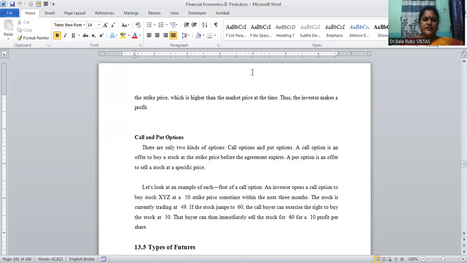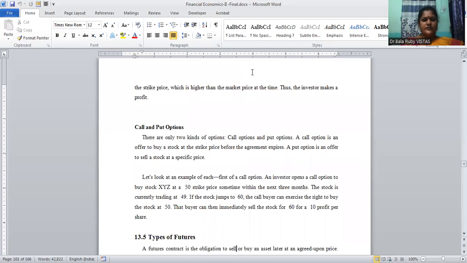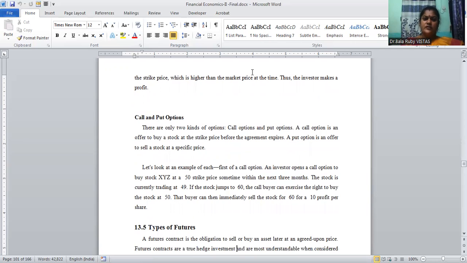So let us concentrate on the call and put options. There are only two kinds of options: the call option and the put option. Already we have discussed, a call option is an offer to buy a stock at the strike price before the agreement expires. A put option is an offer to sell a stock at a specific price. Let's look at an example of each, first a call option.